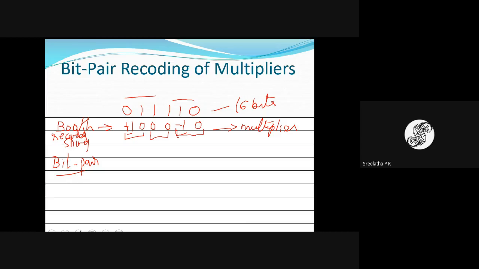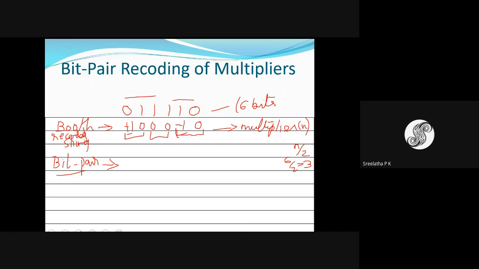What is the advantage of bit pair recoding? If the multiplier was 6 bits, then using bit pair recoding the multiplier will have only 3 bits, since 6 by 2 is 3.